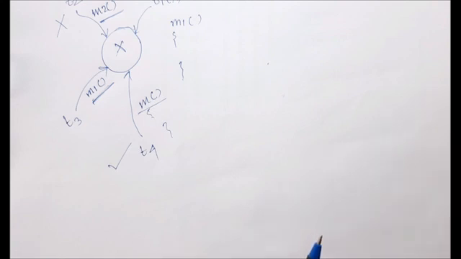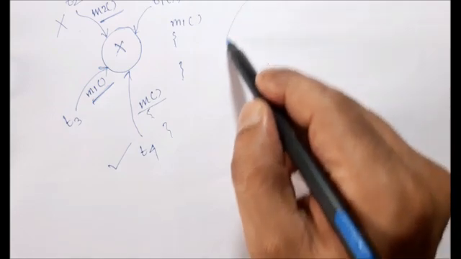If any other thread simultaneously wants to access this synchronized method, or any other synchronized method on this object, it will not be allowed to execute, but any other non-synchronized method will be executed. There is no problem.